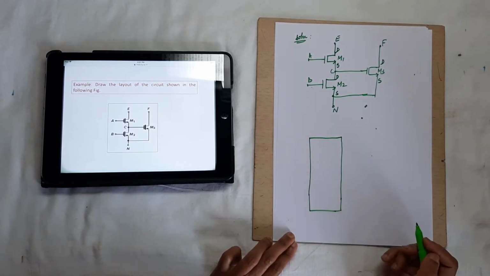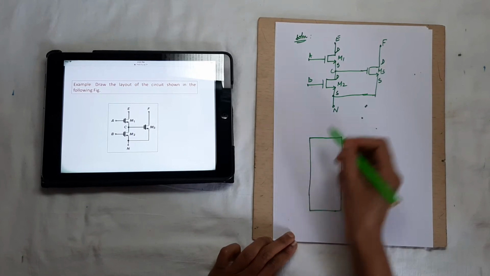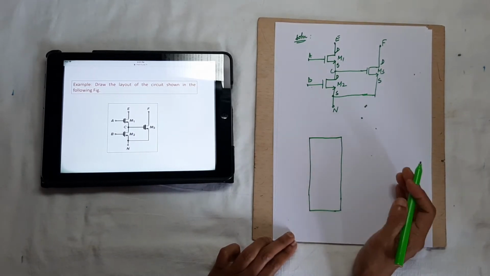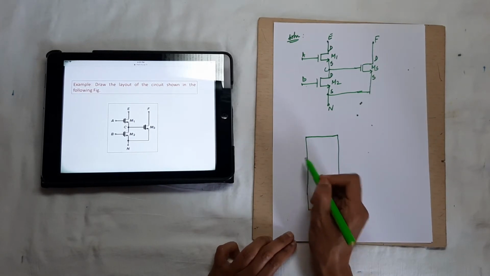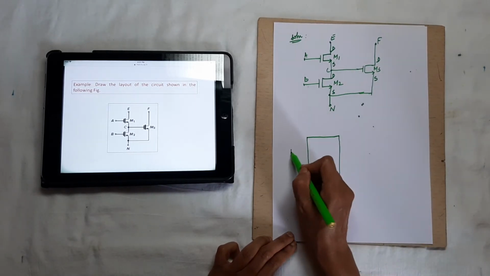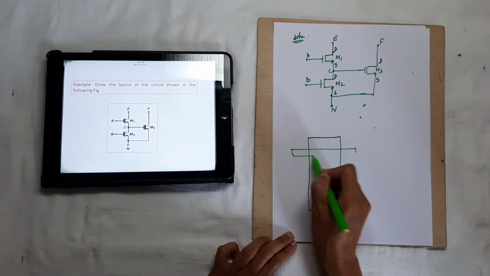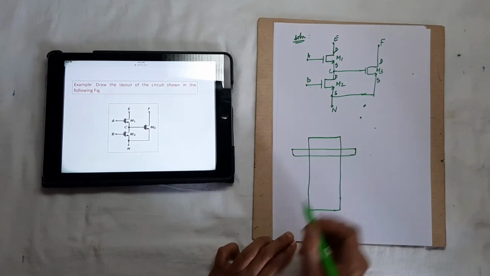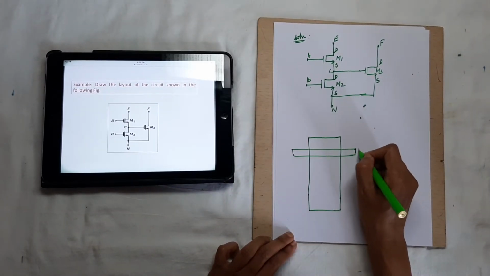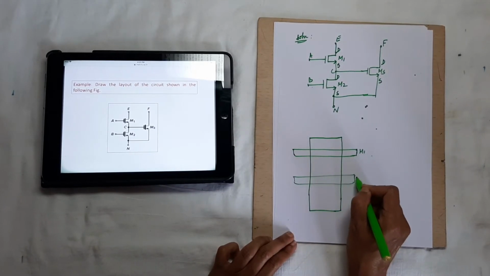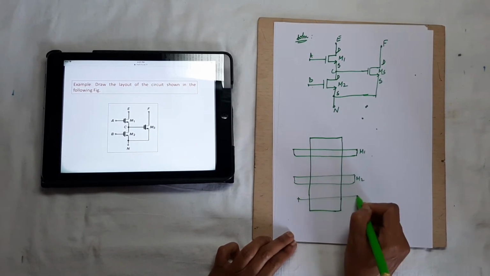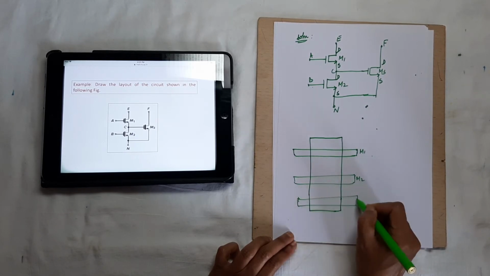And whenever the polysilicon passes over the diffusion, it forms the transistor. Since three transistors are required, we need to have three polysilicon layers representing each of the transistors. This is with respect to M1 transistor. This is with respect to M2 transistor, and one more is with respect to M3 transistor.